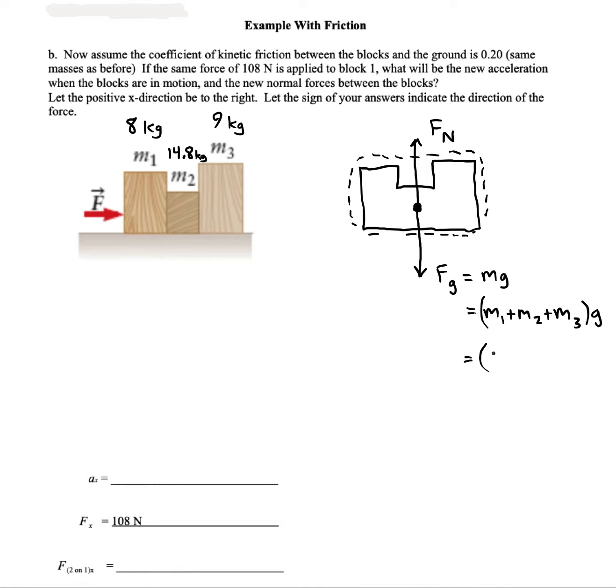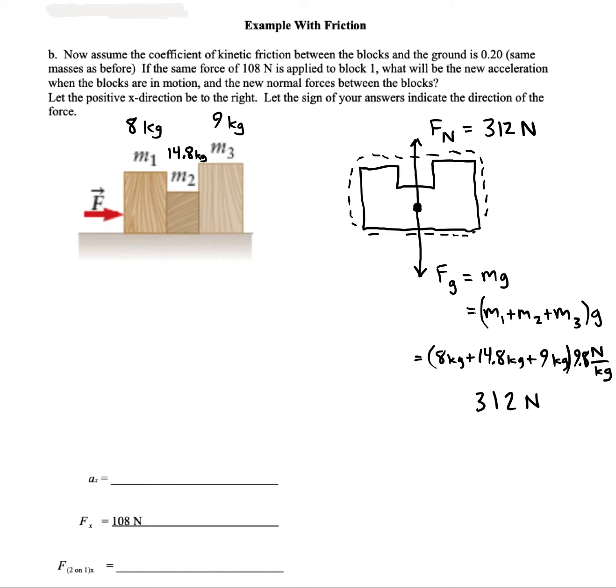So let's get all the mass here. Let's see what that comes out to. 312 newtons. Alright, so in order to balance forces in the y dimension, the normal force also has to be 312 newtons.